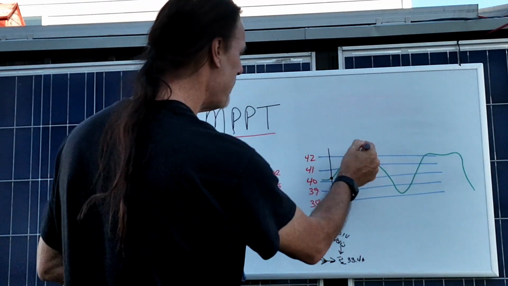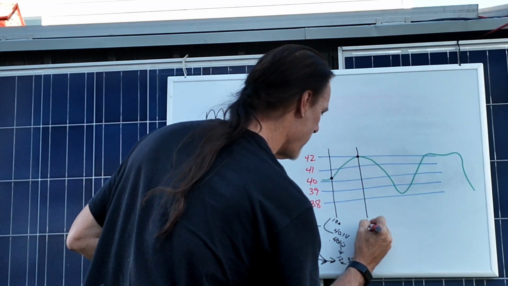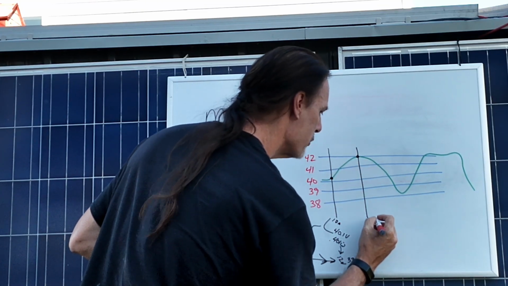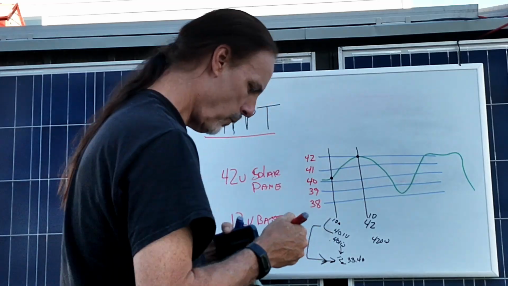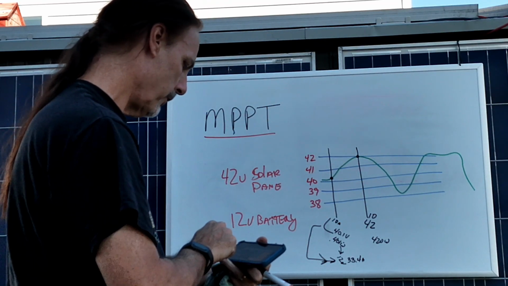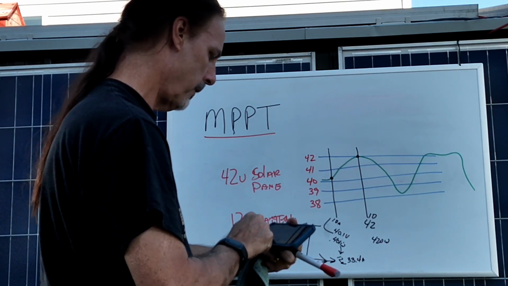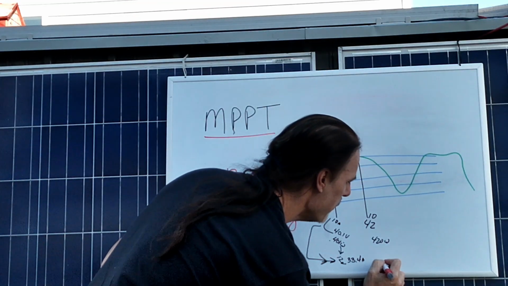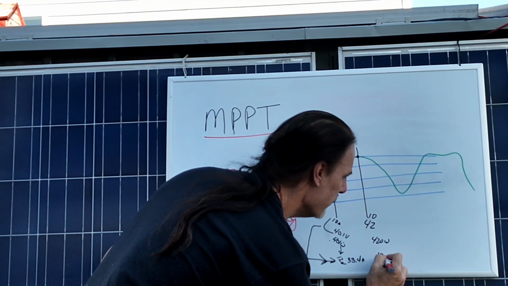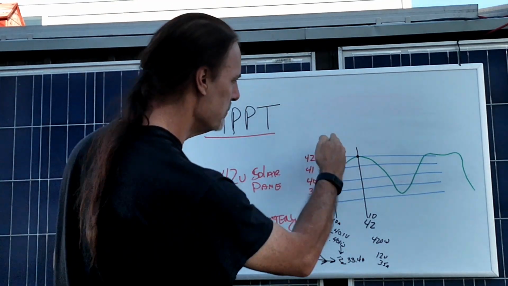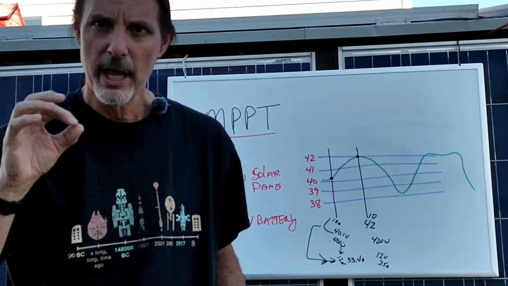So as the sun goes up and you get to 42 volts, and let's say you're running the same 10 amps, now you're getting 420 watts. 420 watts at 12 volts would get converted to 35 amps going out to your batteries at 12 volts. So it is just a very smart piece of software that tracks the maximum power that it can extract.